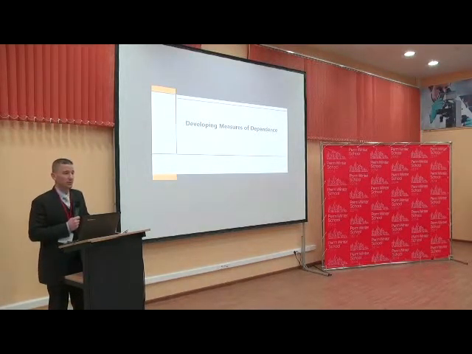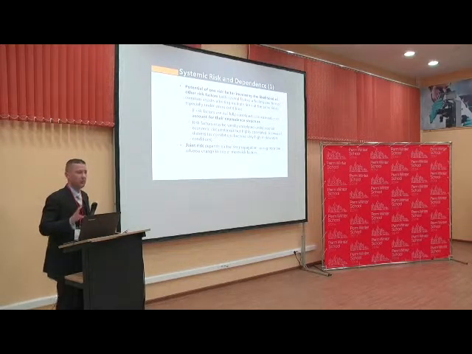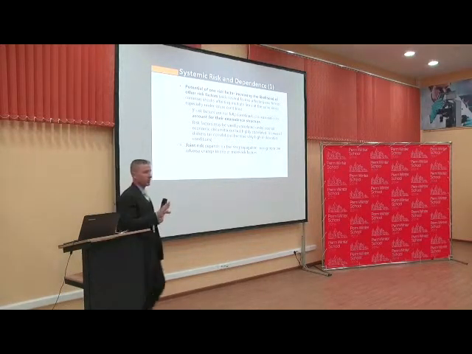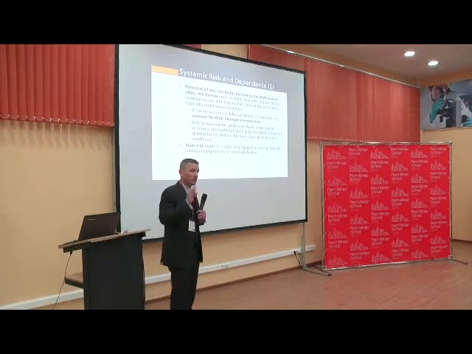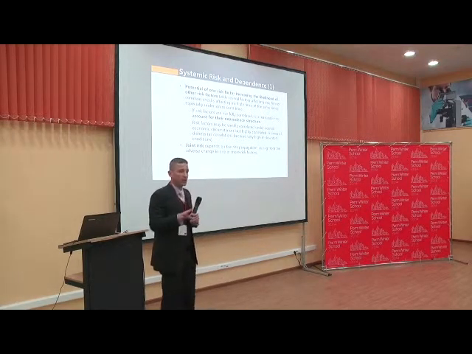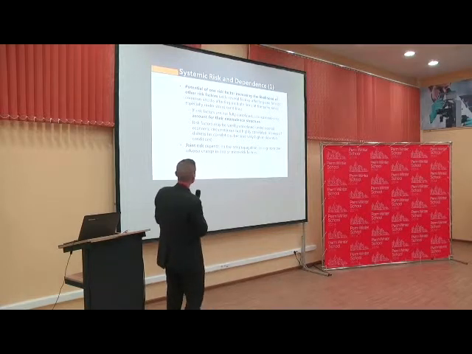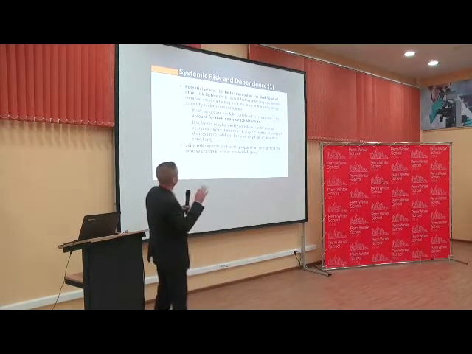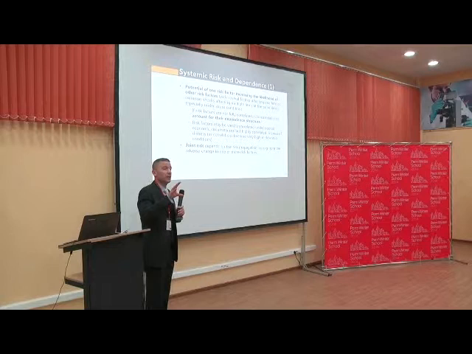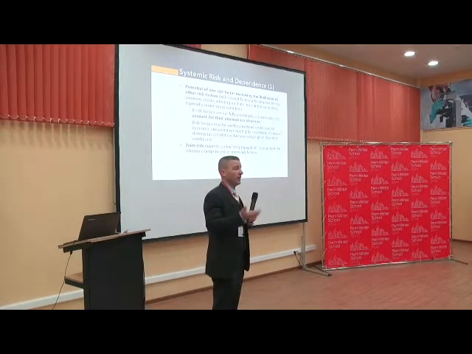Developing risk measures. First of all, we have to develop a measure of dependence in some way. And there are various approaches, and I just want to pick upon one particular one, very simple. And for some, well, most of you, it's probably common knowledge already. But for some of you, it might not be. So let me just go over it quickly. When we talk about systemic risk, we imply already some concept of dependence.